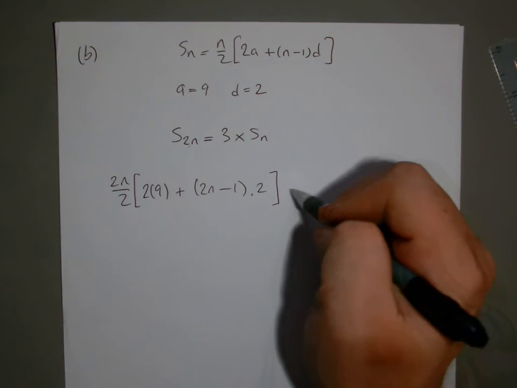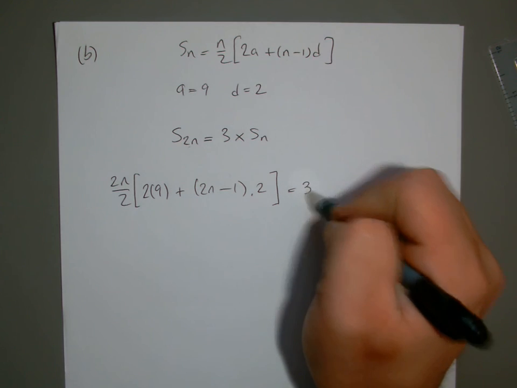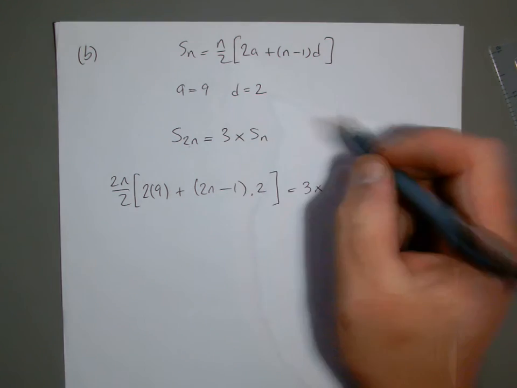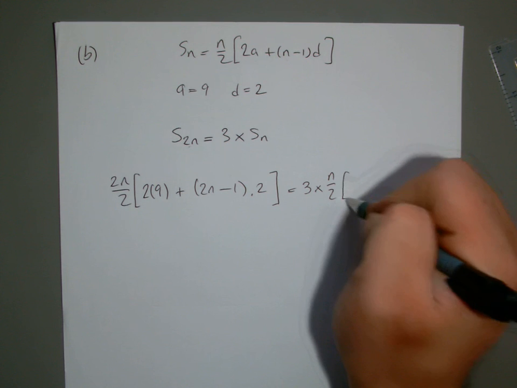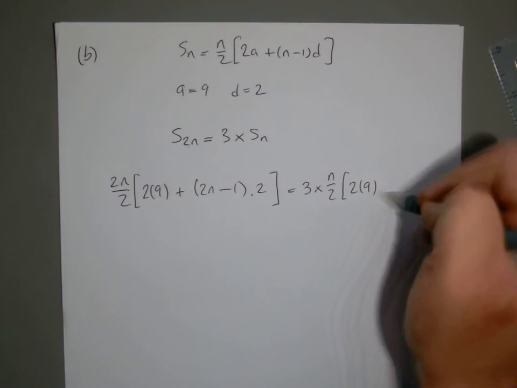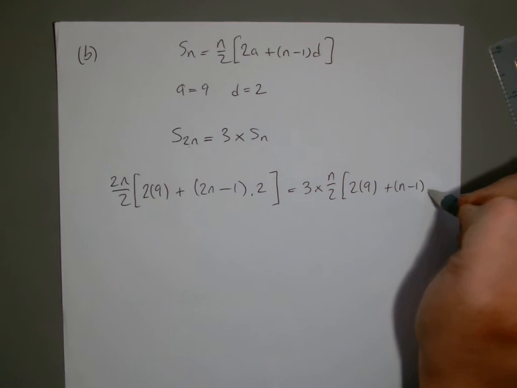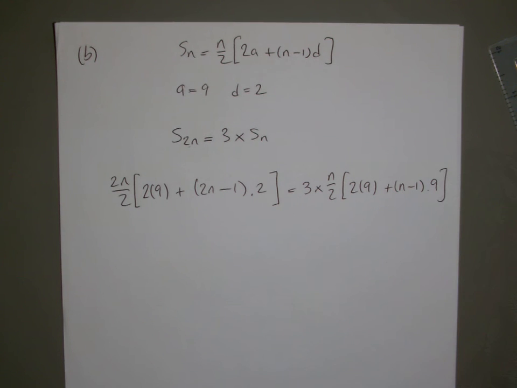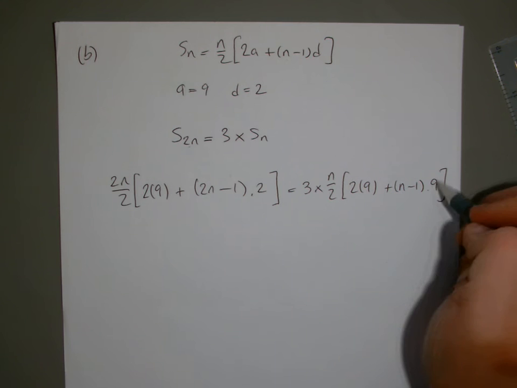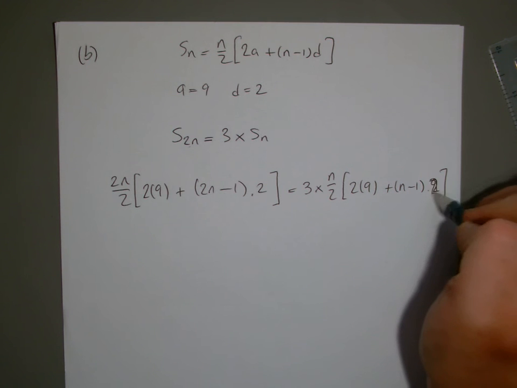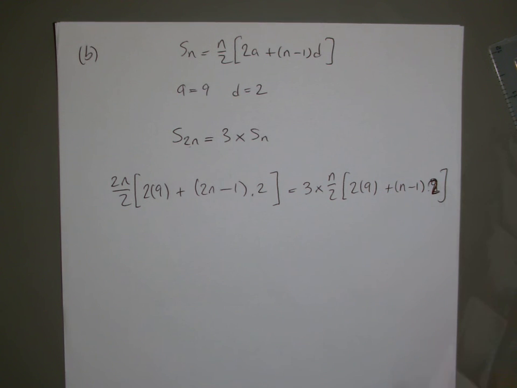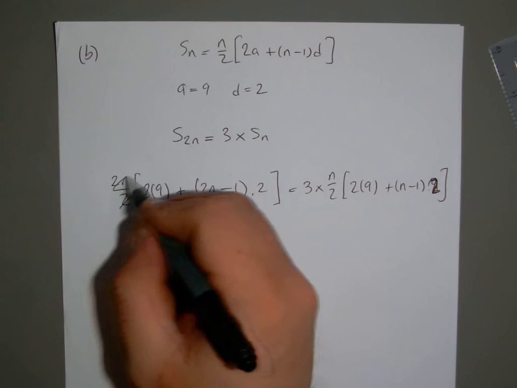That will equal 3 times Sn, so n over 2, square bracket, 2 times 9, 2a, plus n minus 1 times the difference, which is 2. First term is 9. So these 2's will cancel.